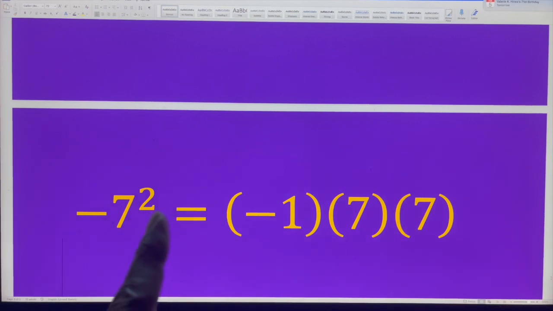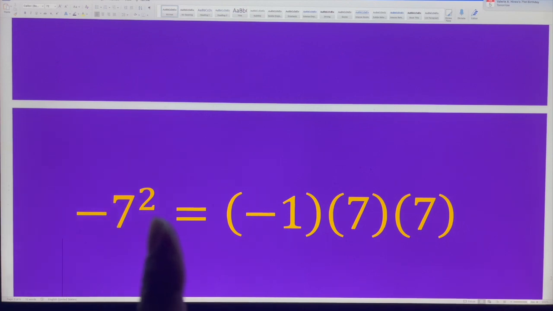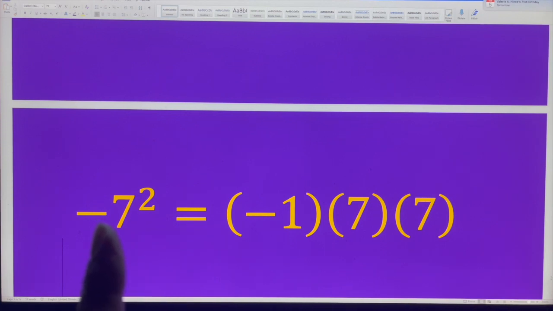Again, if that was a 3 for the exponent, this expression would have meant negative 1 times 7 times 7 times 7, and so on. That's where we got into some difficulty. Because some of y'all, I ain't calling no names, might have assumed that the exponent 2 would automatically know that I need to square the negative sign also. And that, my friends, ain't necessarily so.